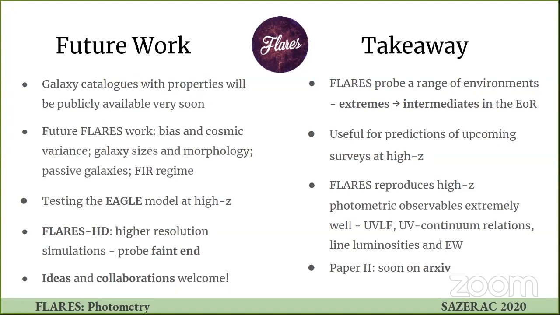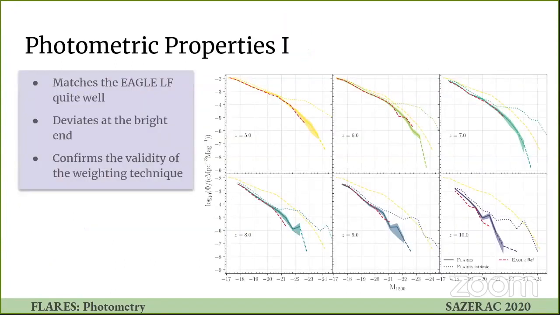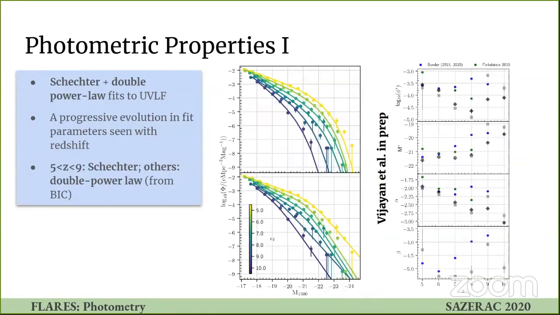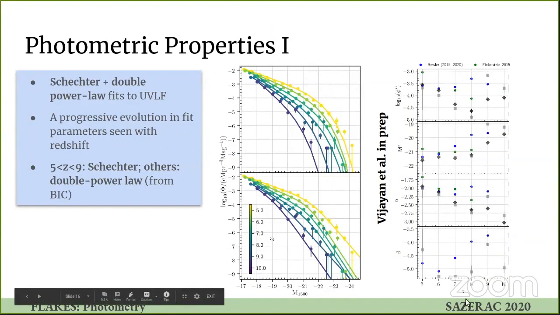One more question from Tom Thunes, who asked, what is the faint end slope of the UV luminosity function, and how far below HST limits do you simulate? Sorry, could you repeat that again? They're curious about what the faint end slope is of the UV luminosity function. Okay, so I do have the faint end slope that we tried to look at, and it is quite similar to some of the observational results.